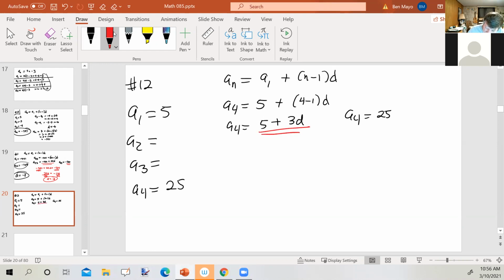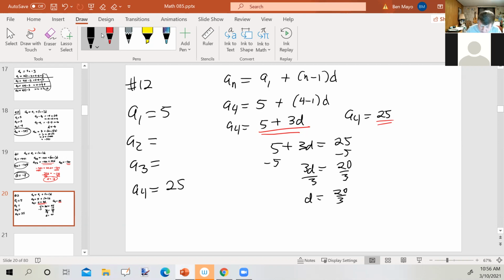So 5 plus 3d equals 25. To solve for d, we'll subtract 5. 3d equals 20. Divide by 3, d equals 20 thirds. Okay, so now the common difference is 20 thirds.